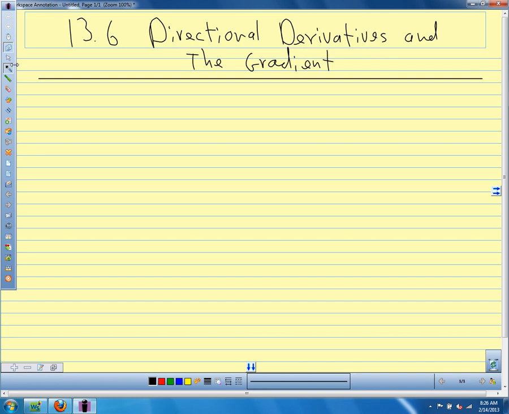What we're interested in today is coming up with a way of finding the rate of change of a multivariable function in any particular direction. So we want to choose a direction and say, how does this function change as we move in this particular direction?